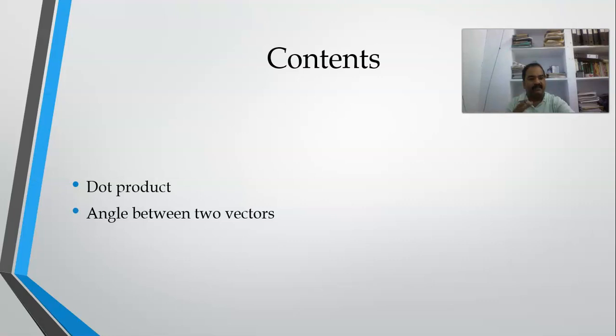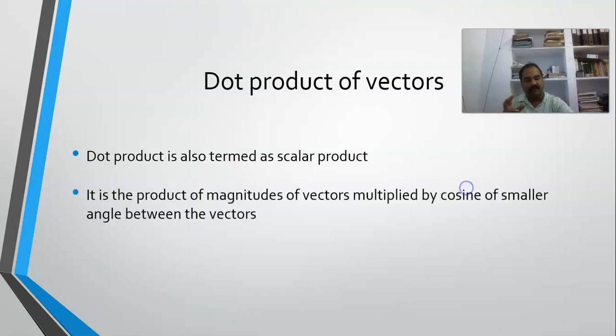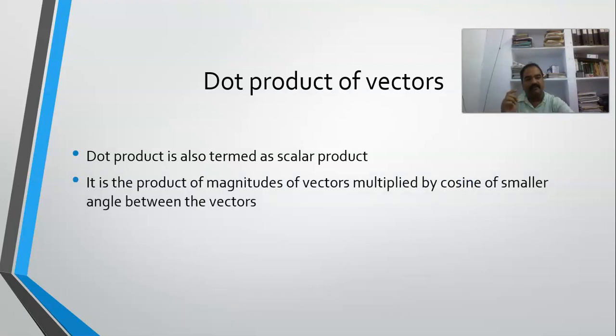I will start with the basic convention of dot products. Dot product is also called a scalar product because on performing the dot product on two vectors, we will get a scalar quantity. It is nothing but the product of the magnitudes of the vectors and the cosine of the smaller angle between the vectors. Let us suppose there are two vectors a bar and b bar.